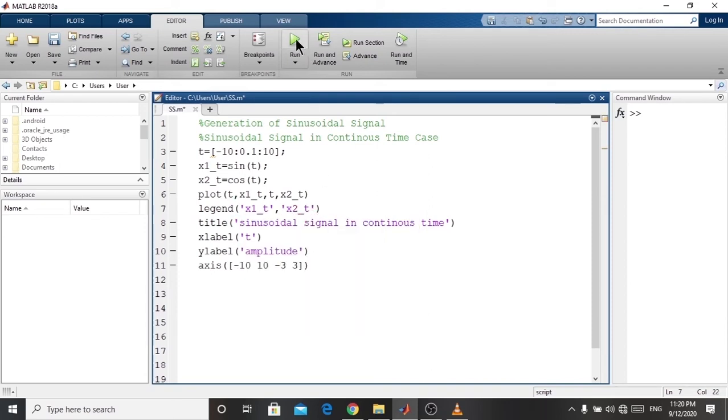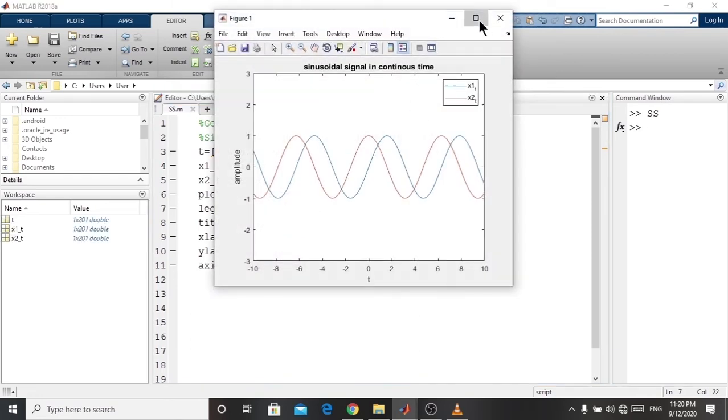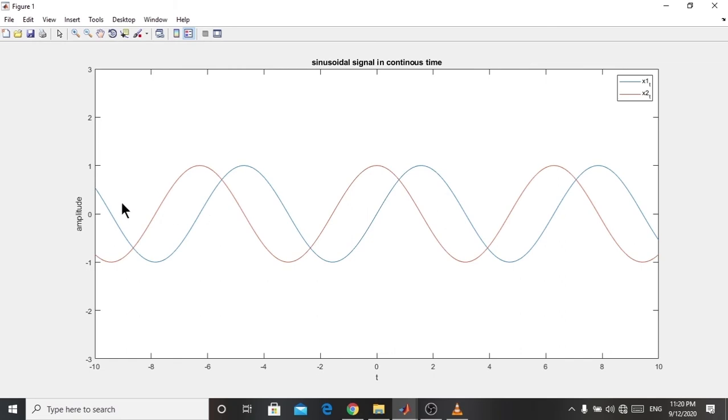So now let's run the code and observe how the graph will look. Here we will get the cosine representation and sine representation of the sinusoidal signal. I use the function or command legend in order to get these things.